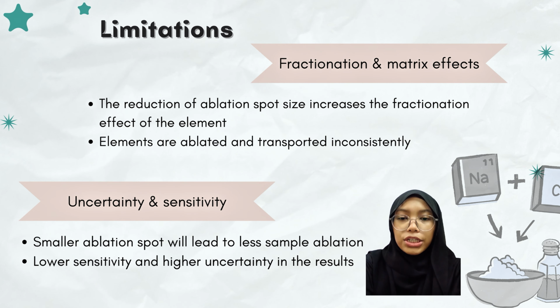However, the limitations associated with this technique include fractionation and matrix effect. The reduction of ablation spot size will increase the element fractionation effects and cause the elements to be ablated and transported inconsistently. Small ablation spot size will also lead to less sample ablation, which causes lower sensitivity and higher uncertainty in the results.